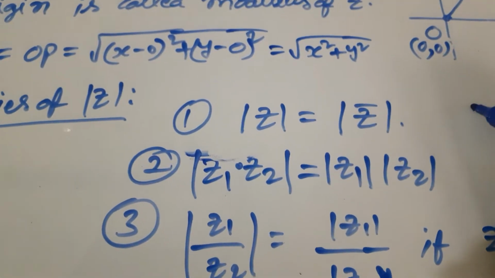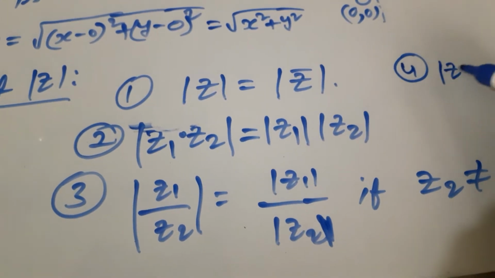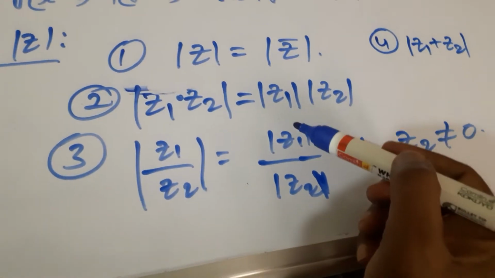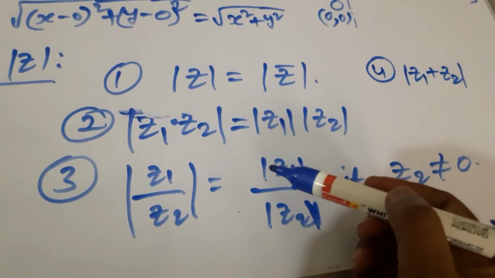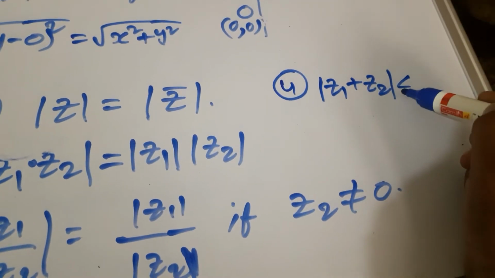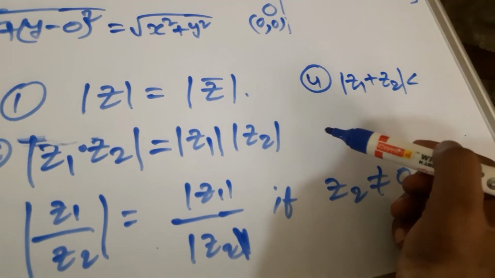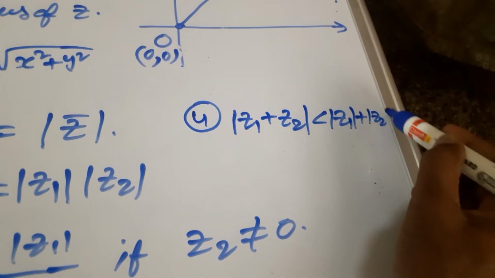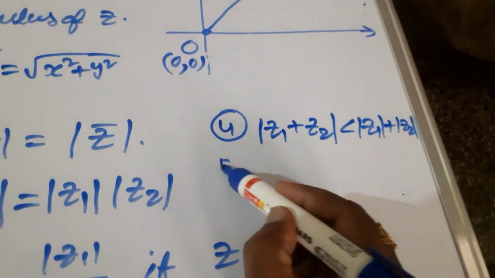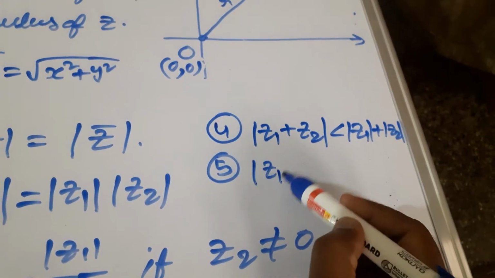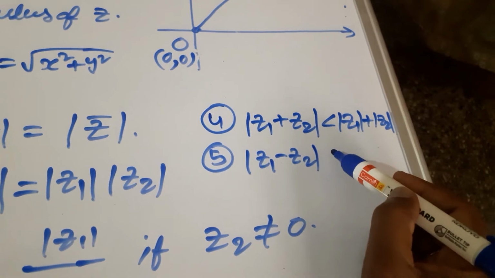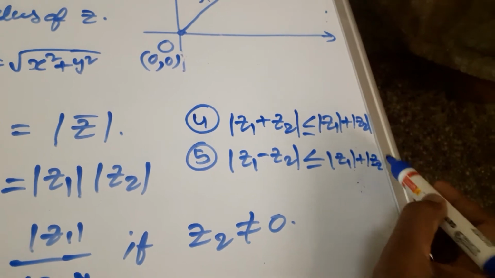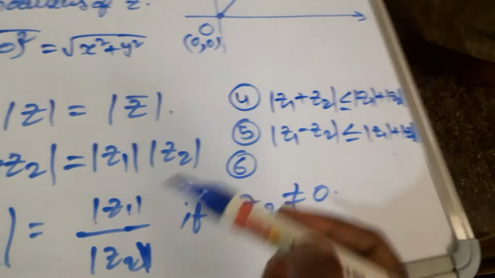And also, modulus of z1 plus z2 is not exactly equal to mod z1 plus mod z2. It is less than or equal to mod z1 plus mod z2. Similarly, modulus of z1 minus z2 is also less than or equal to mod z1 plus mod z2.